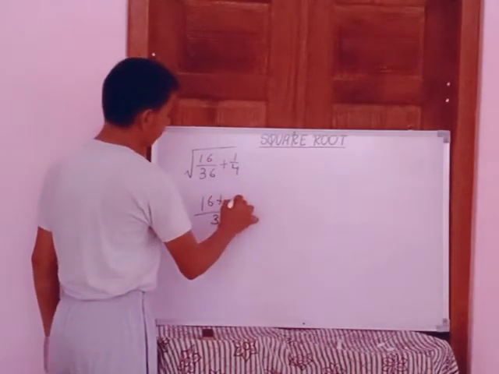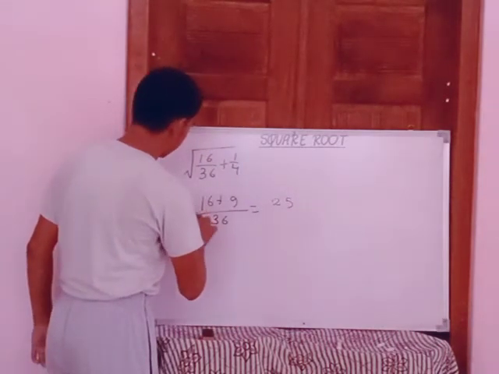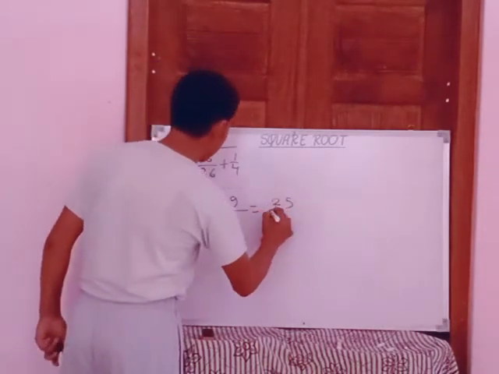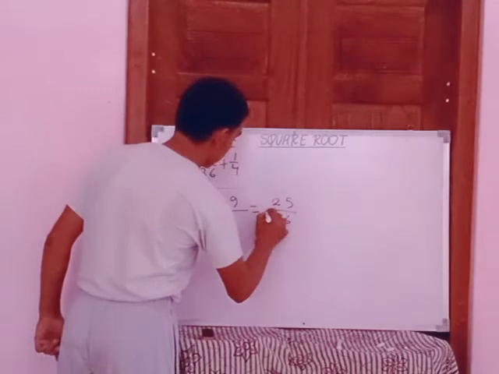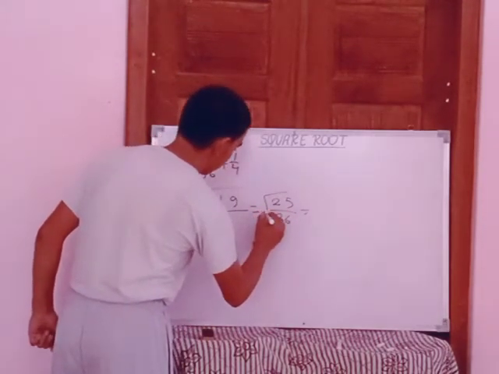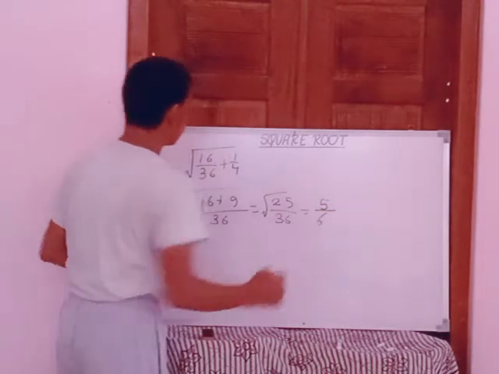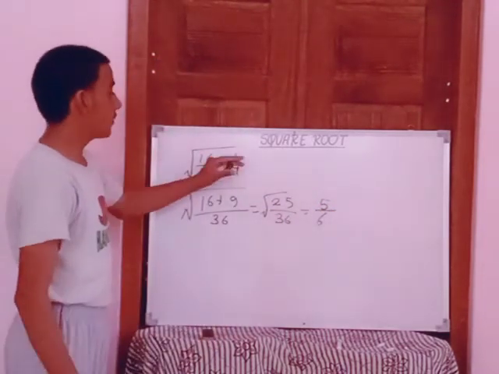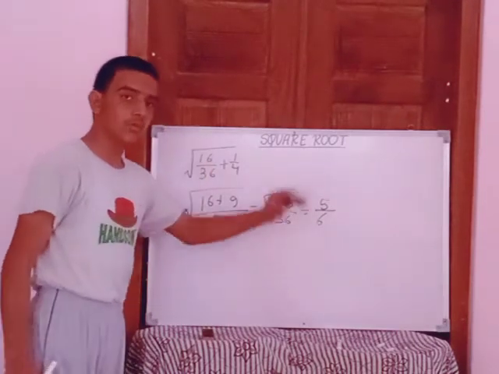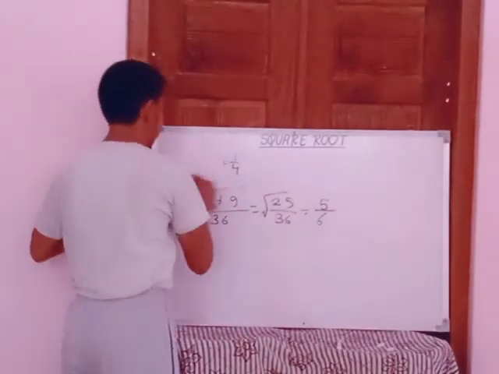It would be 9. Means 25, it would be under root. Means 25 upon 36, it's under root. Its answer would be 5 by 6. Means the square root of 16 upon 36 plus 1 by 4 would be 5 by 6. Now let's move to the next question.